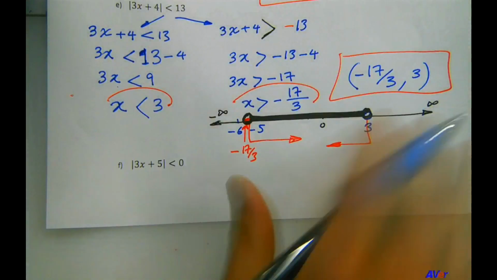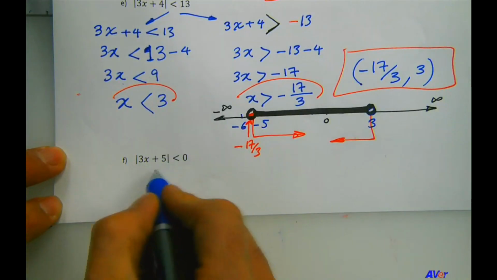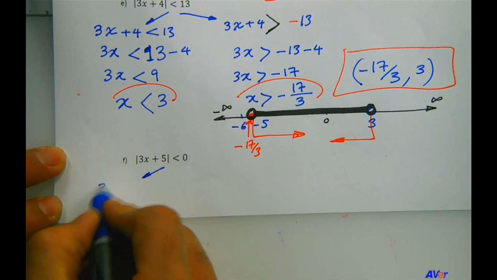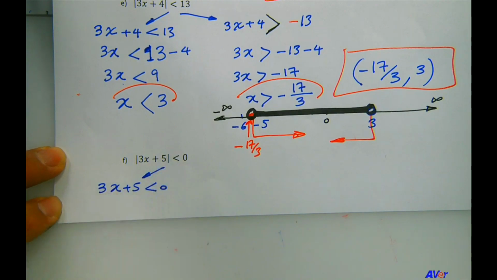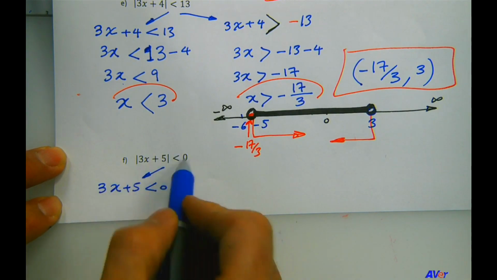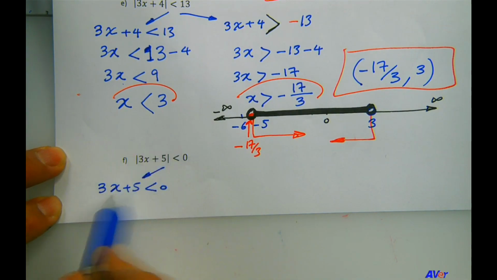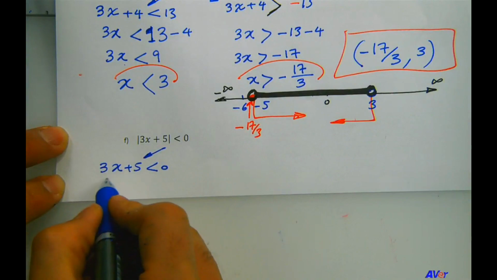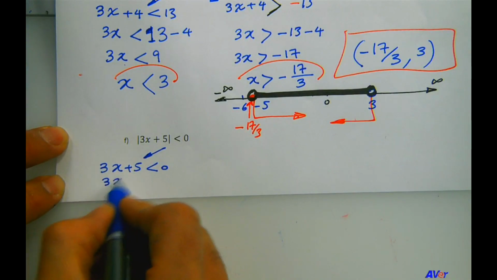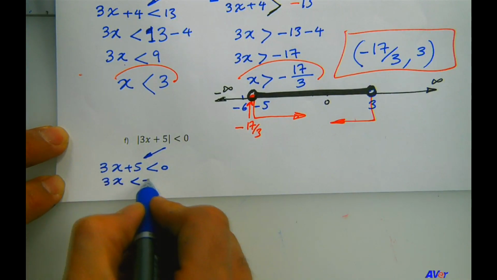This one is the same thing. Let's split this into two solution paths. One of them is 3x plus 5 less than 0, exactly as it is, without the absolute value bars. Everything removed. If we solve using this path, what do we get? We get 3x less than negative 5, right?